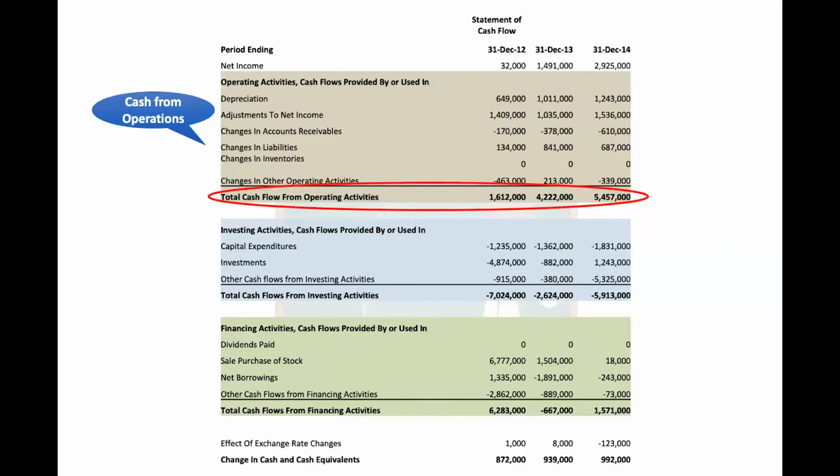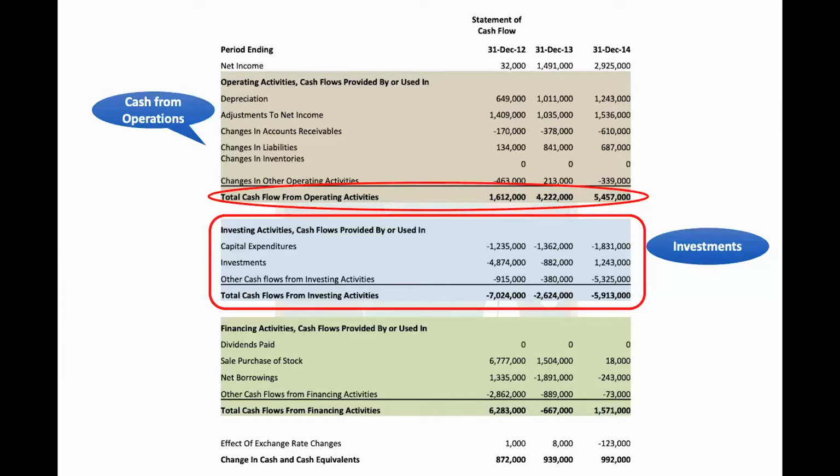The next section, which is your investments, shows how the corporation spent cash, where cash was spent. Now, the first item in this section is called your capital expenditures. Capital expenditures is a corporation's investment in long-term fixed assets, also known as plant, property, and equipment, as well as what they spent to maintain that equipment.